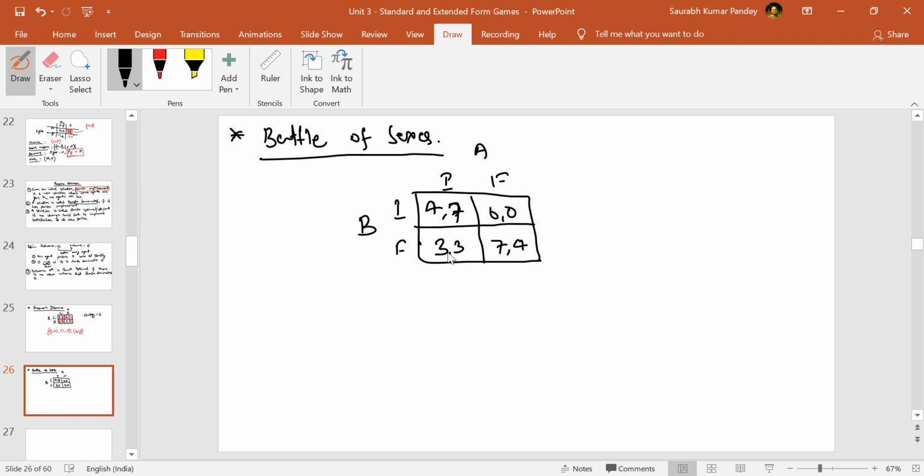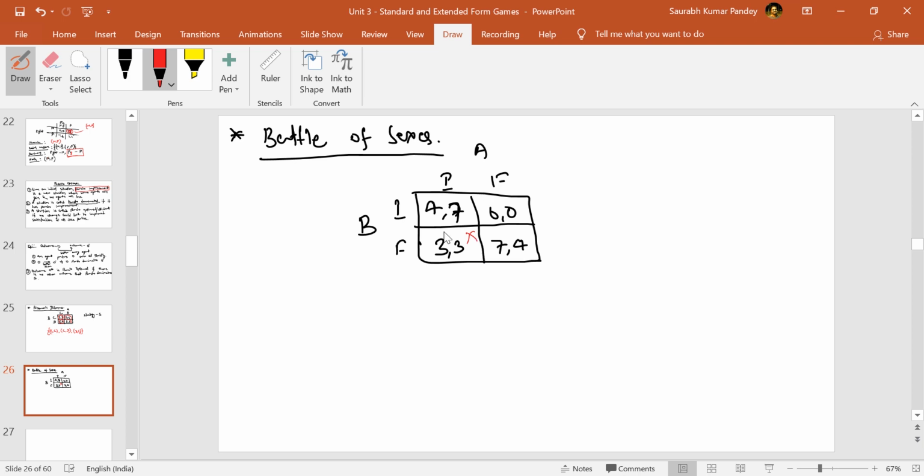You can see that both the agents are losing, so definitely it cannot be Pareto efficient. Okay, similarly if we are moving from 0 0 to 3 3, both are gaining. So both are gaining means there is an improvement, but optimality, that we cannot say. So similarly there is an improvement for all the situations.